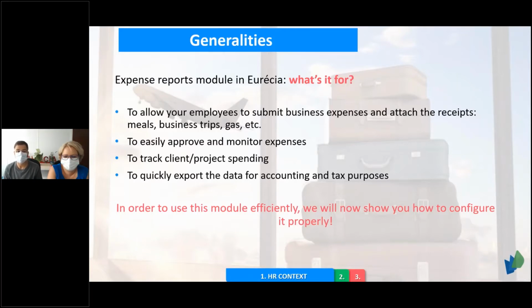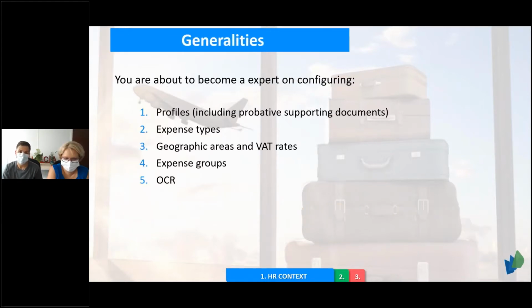So in order to use this module efficiently, we will now show you how to configure it properly. And with us, you are going to become an expert on configuring the profiles, the expense types, the geographic areas and the VAT rates, the expense groups, and the OCR.